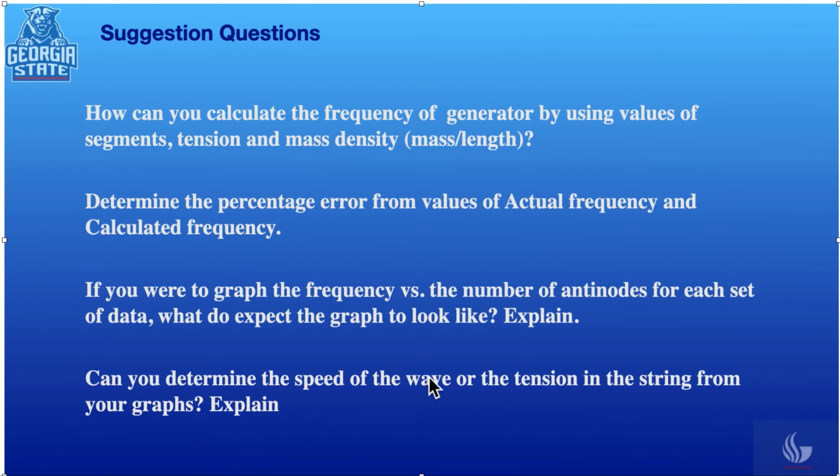In this case, we had the frequency on the computer screen, but what will happen if a student is asked to calculate the frequency from the tension of the segment and the mass density? The second question: determine the percentage error between the actual value and the calculated value.